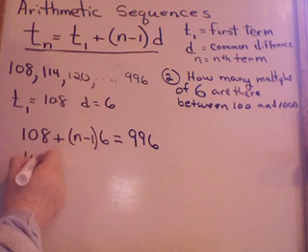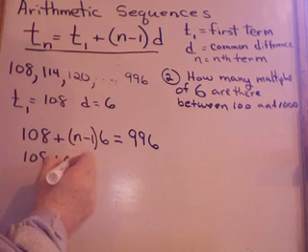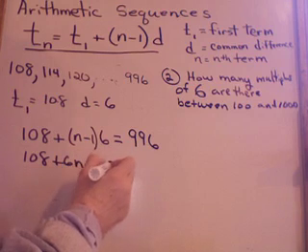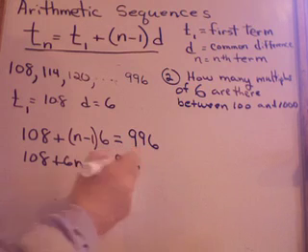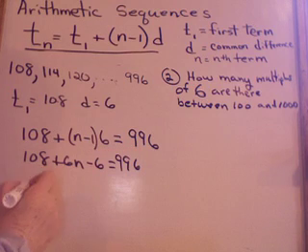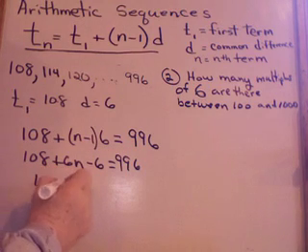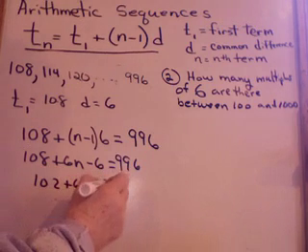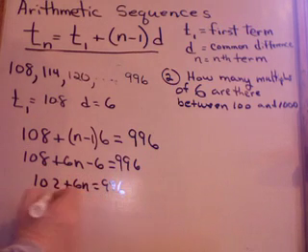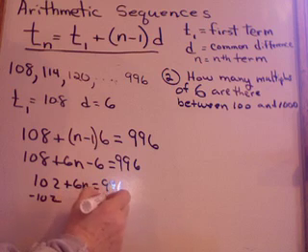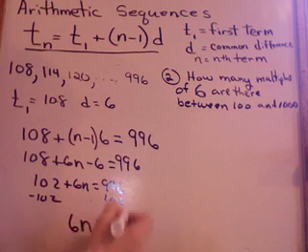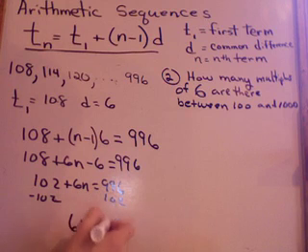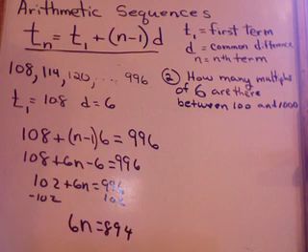Let's go to work here. 108 plus 6n minus 6 equals 996. All right, let's subtract 6 here, so I get 102 plus 6n equals 996. Subtract 102. That's easy. So 6n equals 894.